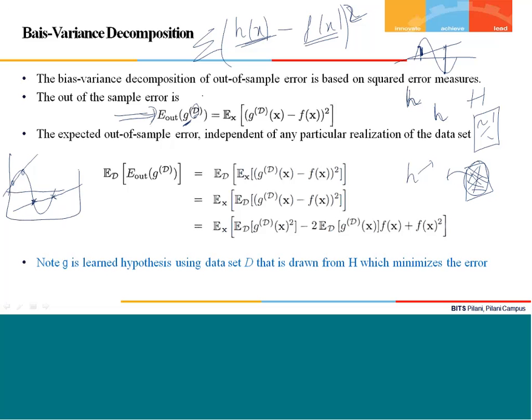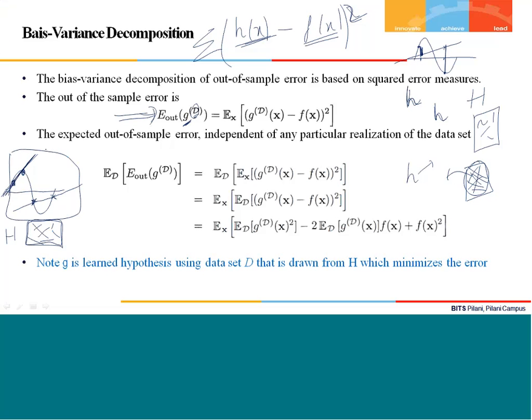For example, in this case, your capital H was all the lines in 2D planes, any kind of line that you can draw in 2D plane. Now this is the hypothesis set. Somebody comes and gives you data, and from all these H, you will get the best line which is fitting this data.